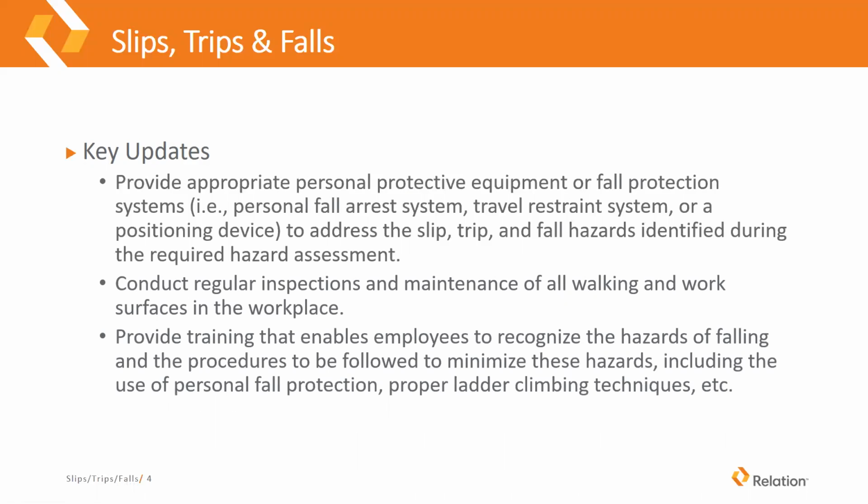They are also to provide training that enables employees to recognize the hazards of falls and the procedures to be followed to minimize these hazards, including the use of personal fall protection, proper ladder climbing techniques, the type of shoes they're supposed to be wearing, how they're supposed to be cleaning things up. So all these things were the biggest updates to the OSHA standard.